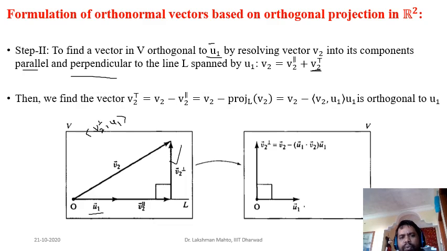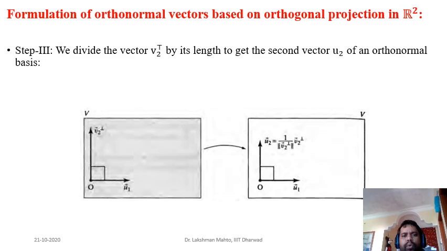In the next step we will normalize v2 perp by dividing by the norm of v2 perp, and in that process we get the unit vector u2. That one is perpendicular to u1 as well as a unit vector.